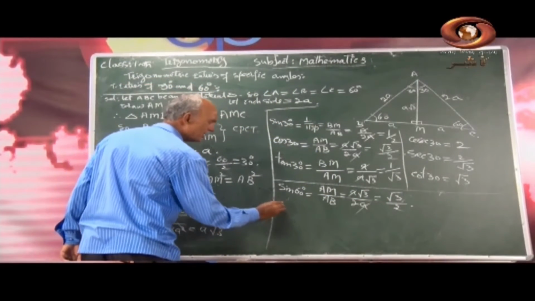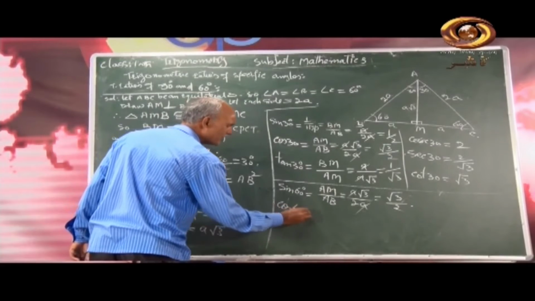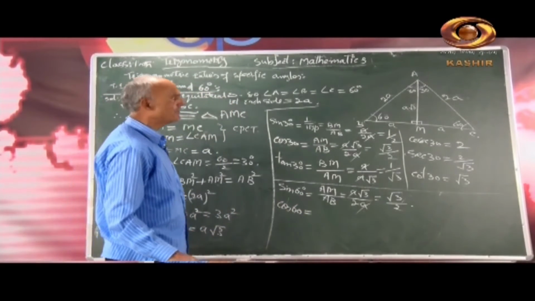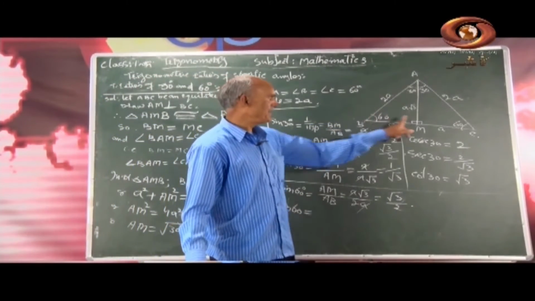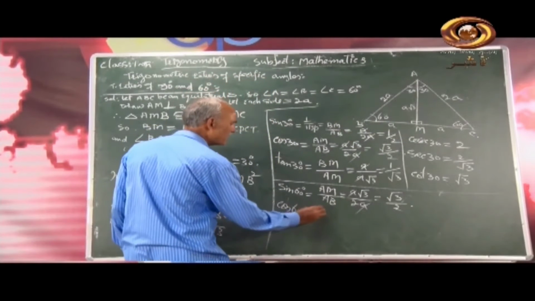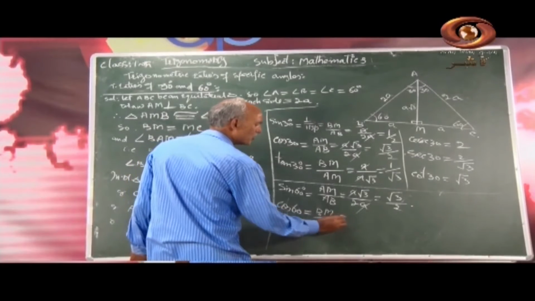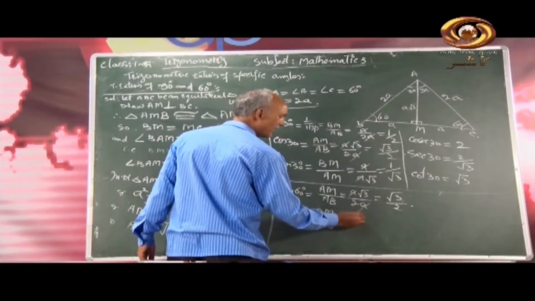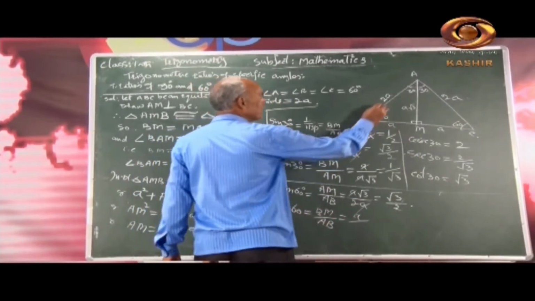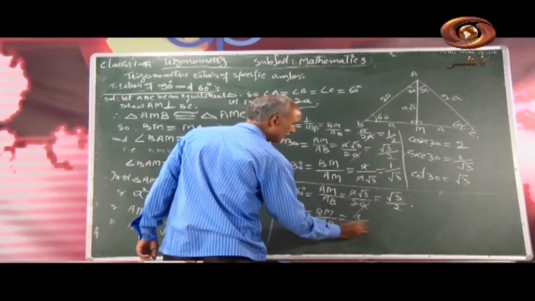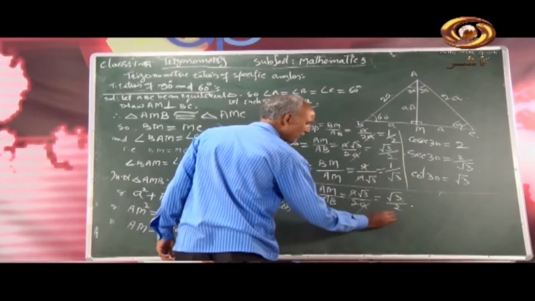Now cos 60. When we talk of cos 60, it is base by hypotenuse. For 60 degree, this BM is base, so we write BM, and hypotenuse again AB. So base is A here and hypotenuse is 2A. Cancel out A, we will get 1 by 2.